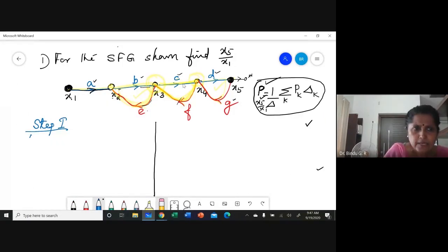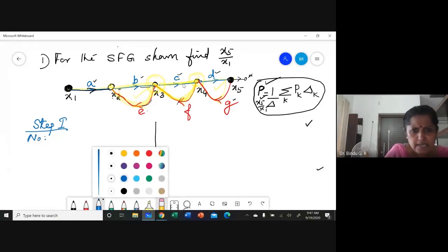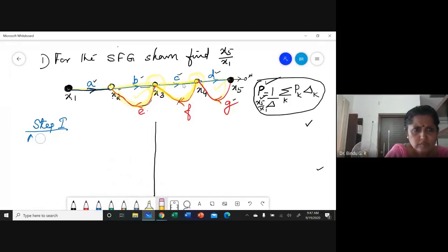Step 1, number of forward paths, or you can just write this as forward paths.